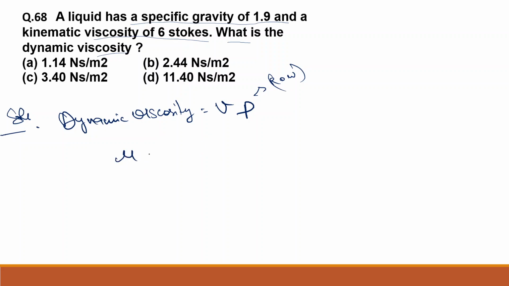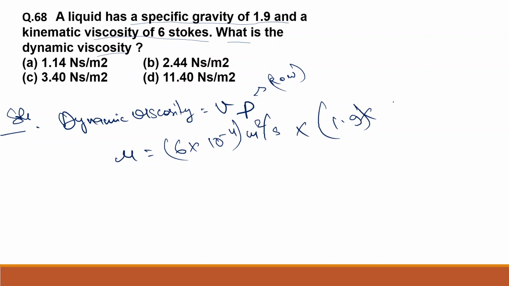Then kinematic viscosity is 6 stokes, 6 into 10 to the power minus 4 meter square per second, into rho, which is given as 1.9, by converting it into kg per meter cube, 1000 multiplication, kg per meter cube.